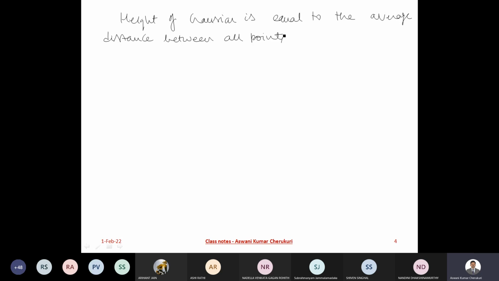Generally, the height of the Gaussian is calculated as the average distance between all points in the cluster and the cluster center.